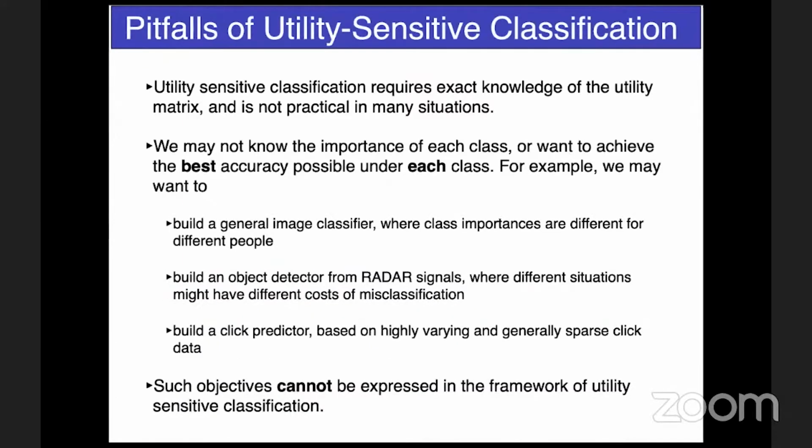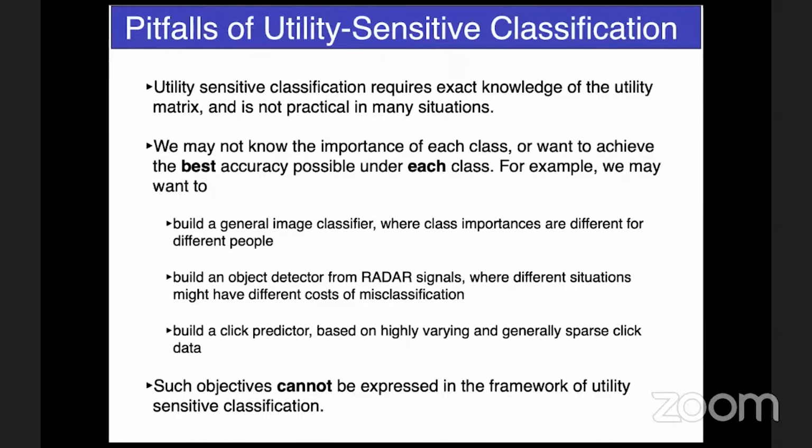What's the main pitfall with utility sensitive classification, or simple objectives in classification? The main pitfall is kind of obvious. You need to know this utility matrix to even start to give a classifier. That is not practical in many situations because you don't know the utility matrix a priori, before you start solving the problem.